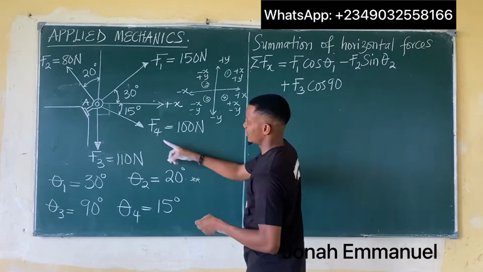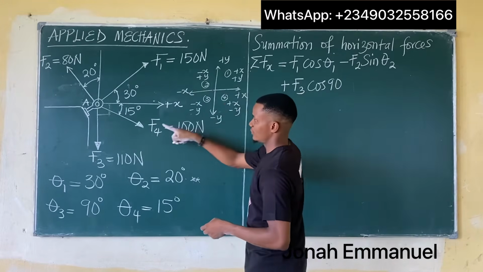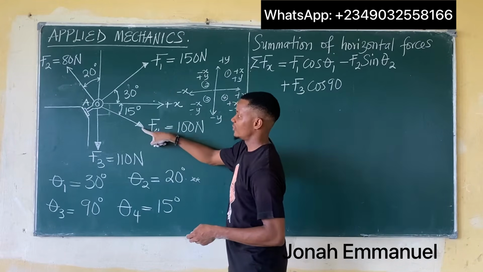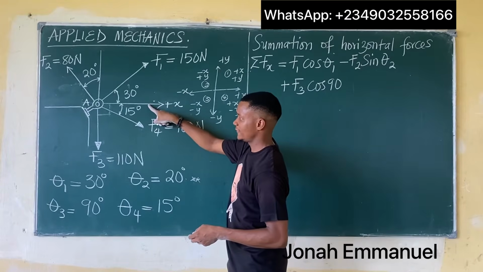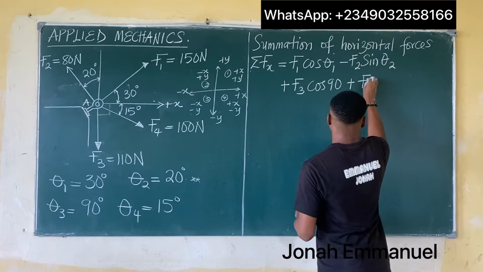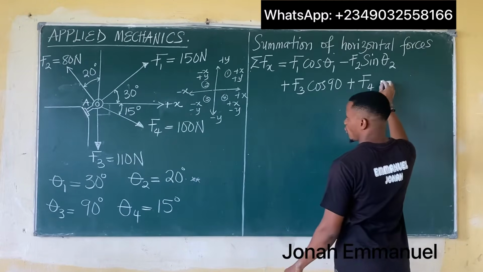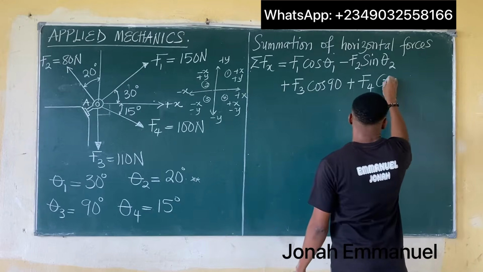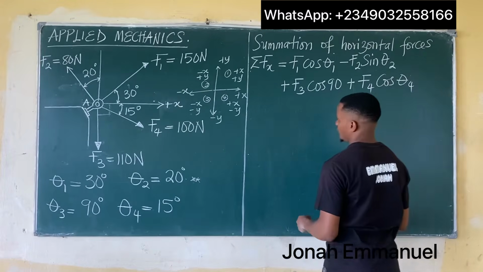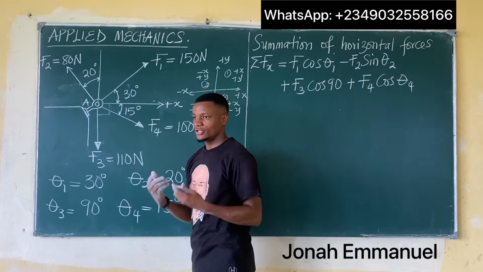Then finally, this one here, F4, is in quadrant 4. If I resolve this one horizontally, it gives you positive of x. It becomes positive of F4 cos theta 4. Please, this is cos because of the angle of inclination towards the horizontal.